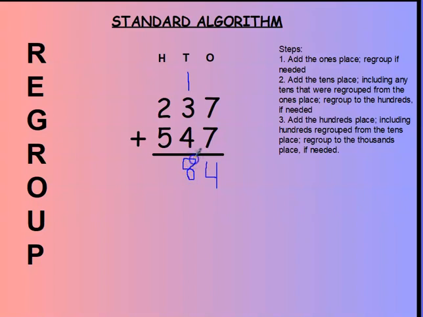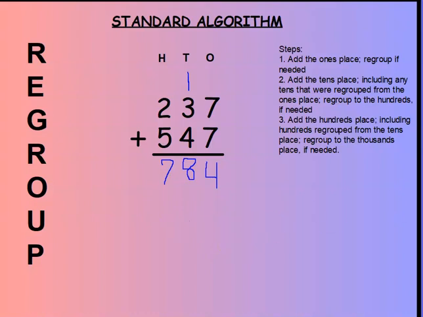So far I have 84. I didn't have anything to regroup to the hundreds place in this example. But I do still need to add, because I have 200 plus 500. That is 700.